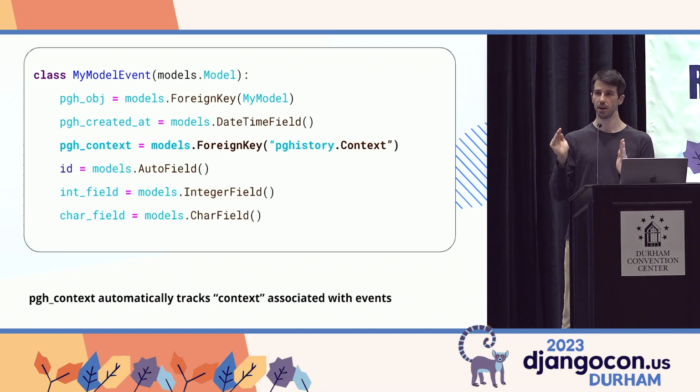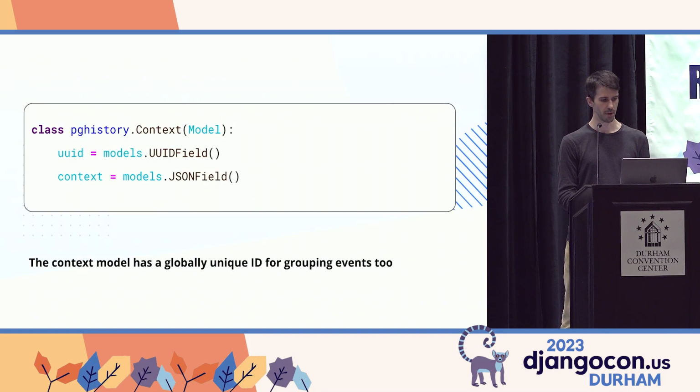So if you want to add free-form metadata to your events, you can. It also allows you to group a bunch of events together. I'll show what this means and how it can be valuable. This is what the context model looks like in PG History. It's very simple: one UUID, just the global ID of the context, and then a free-form JSON field of key value pairs that you can add and associate with events.